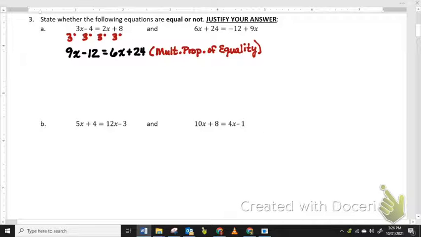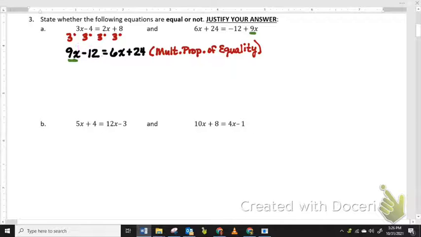Okay. So when I look at this now, my numbers and my variables seem to be matching up. 9x and 9x. I see negative 12 with the 9x, negative 12 with the 9x. Cool. I see 6x plus 24, and over here I see 6x plus 24. So I want to make the one on the left look identical to the one on the right.